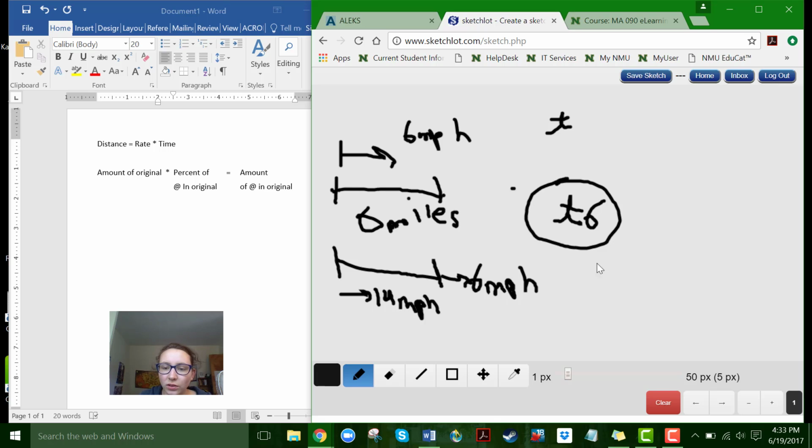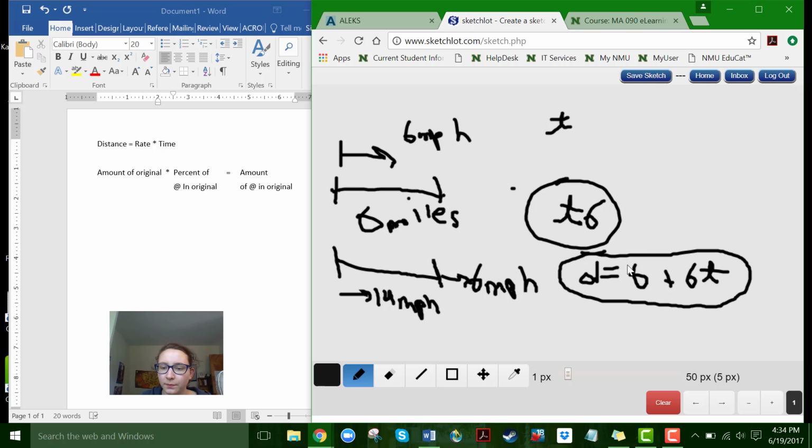So in total, our distance is going to be 6, the original number of miles they are apart, plus 6t, the number of miles that the runner runs before the biker catches up. So that's our total distance that the biker needs to go to catch up to the runner. Now we know the biker's rate is 14 miles per hour.